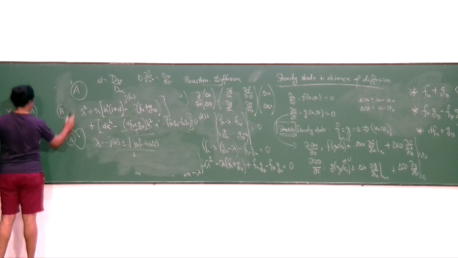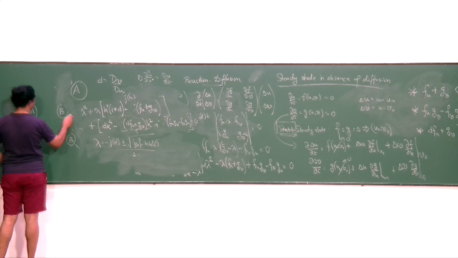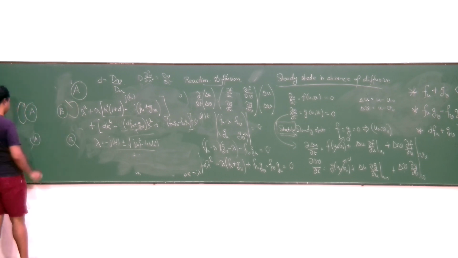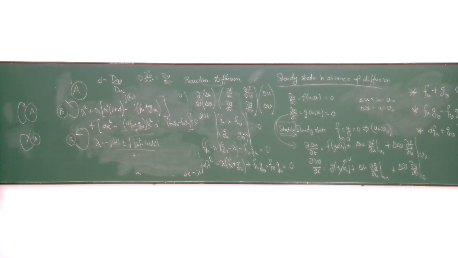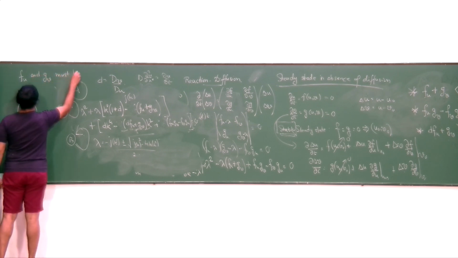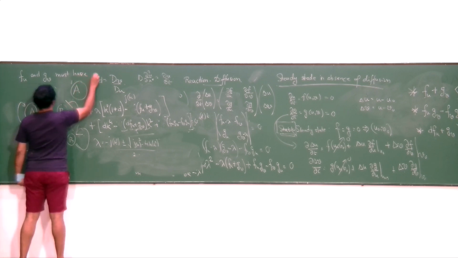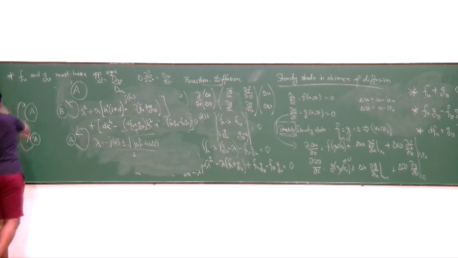So these are not allowed, but in principle something like this is allowed, or the other way, where this is repressive but this is activating. So together, fu and gv must have opposite signs. That's one condition.